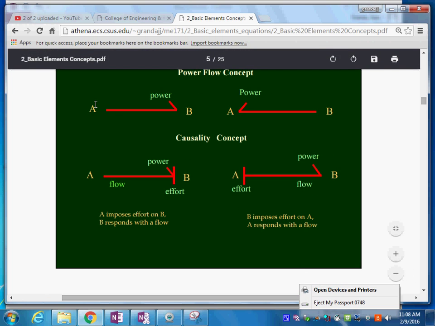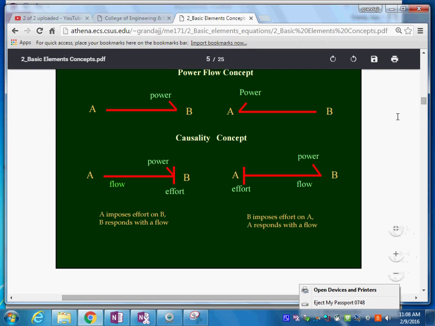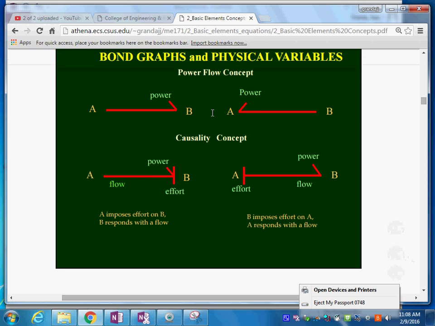Instead of just having the power flow, we add this crossbar. The way you interpret this is as if you were to hold it as a little piston and then you can push it to the side.